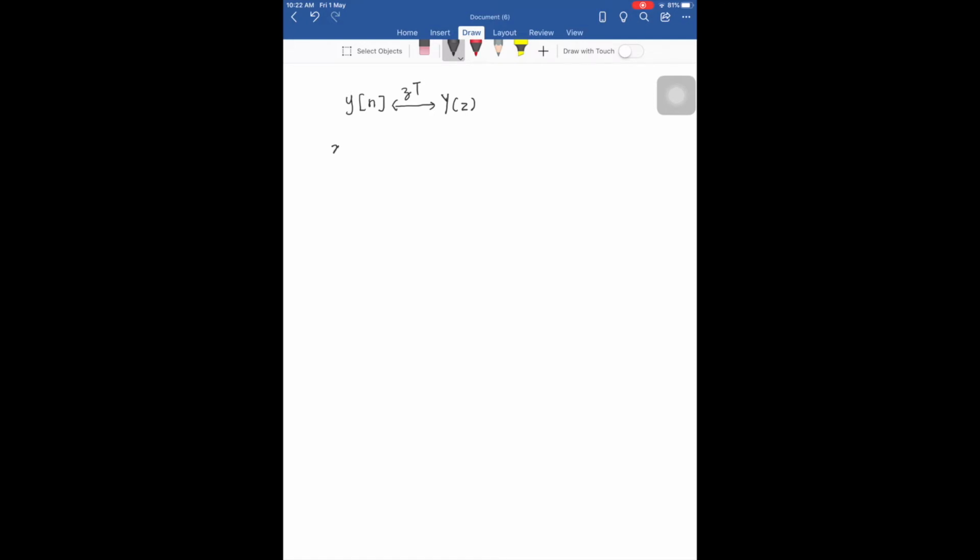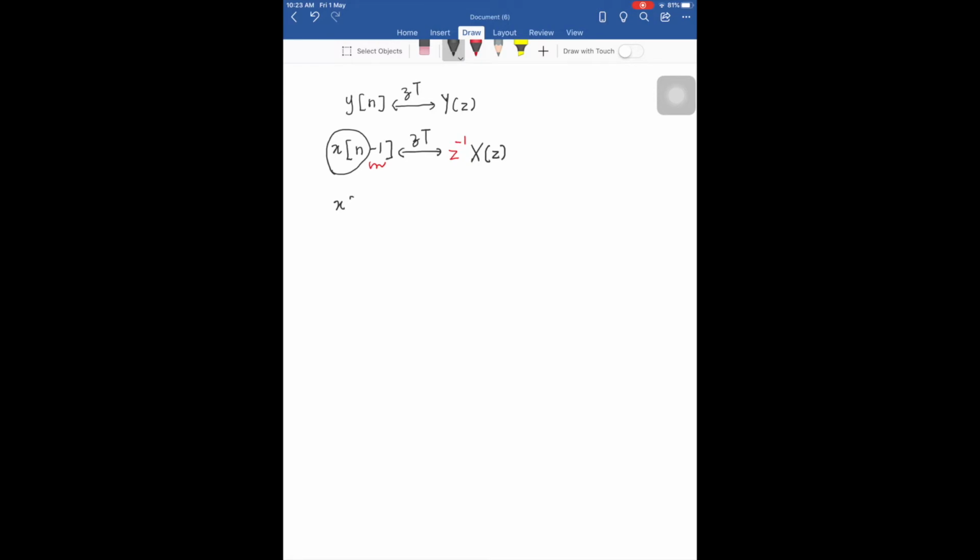What happens if you have x[n minus 1]? The z transform of x[n minus 1], you have a delay of 1, which means for the z transform, you have to put z minus 1. Next you have x[n], so the z transform of x[n] is X(z).